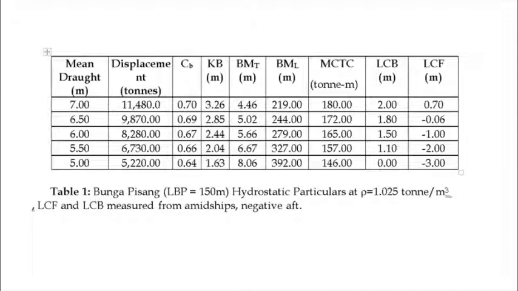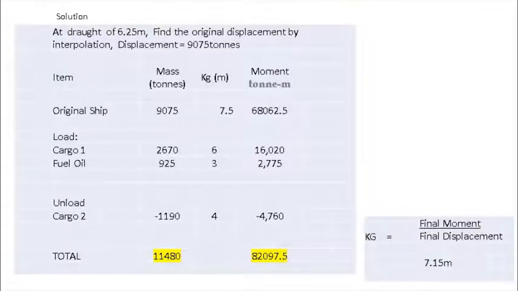Once we get the draft 6.25, we know all the hydrostatic particulars, but in this case we don't need the rest. We only need the displacement. When we calculate that, displacement is 9075 tons.